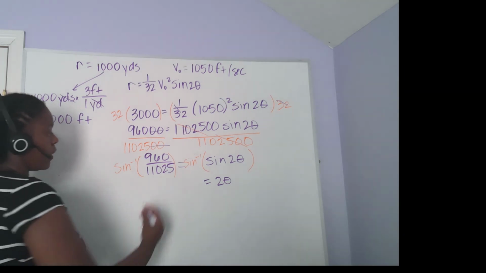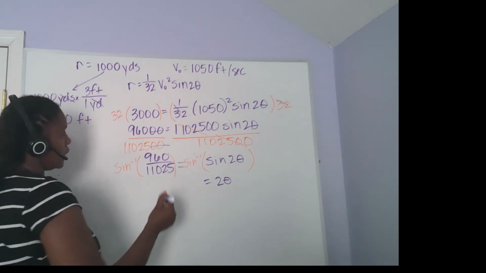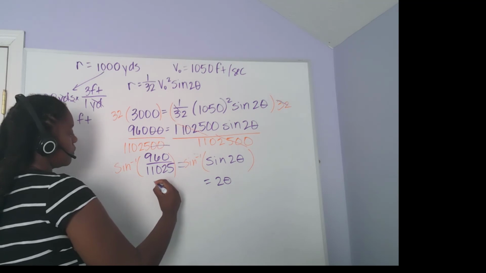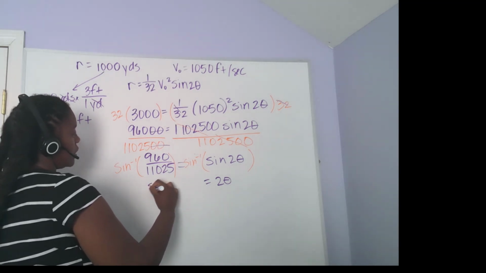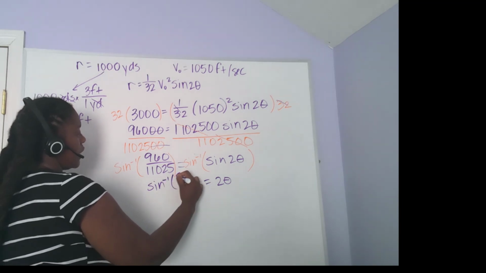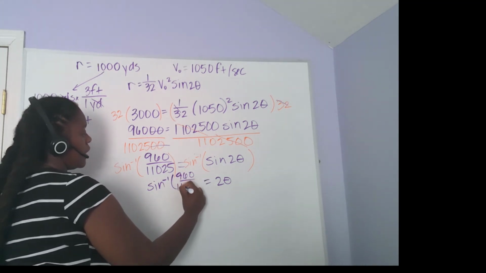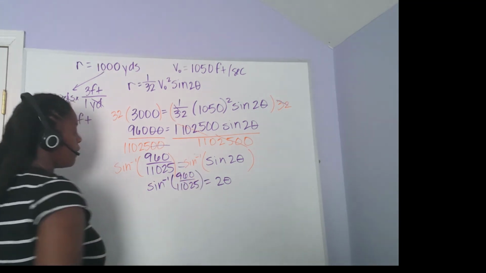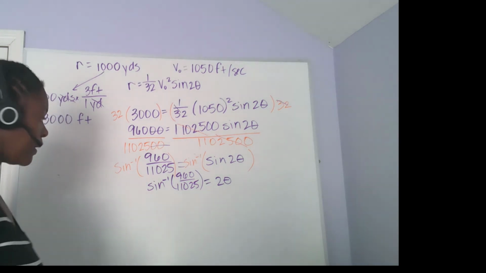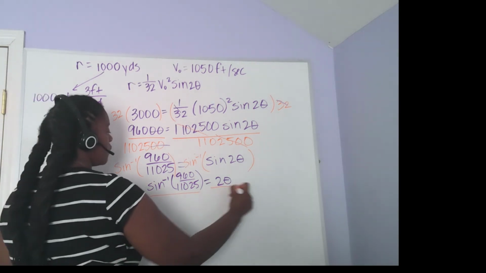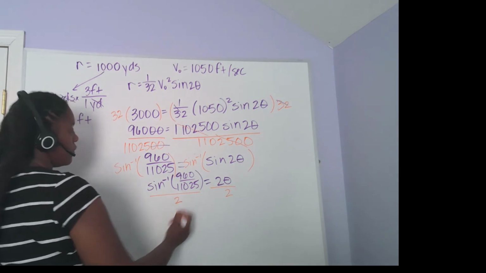You can leave it that way. You don't have to do anything fancy with it. You can just say sine inverse of 960 over 11,025. Then divide both sides by 2, and we have theta by itself.